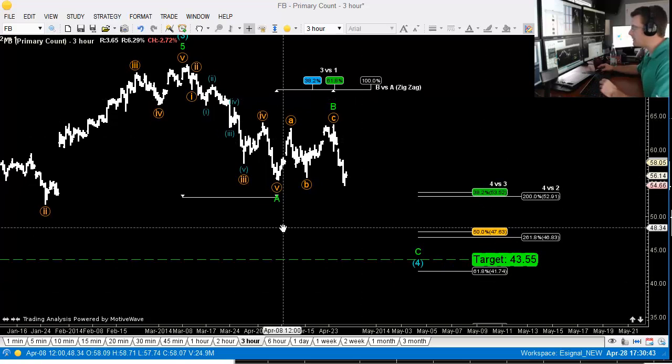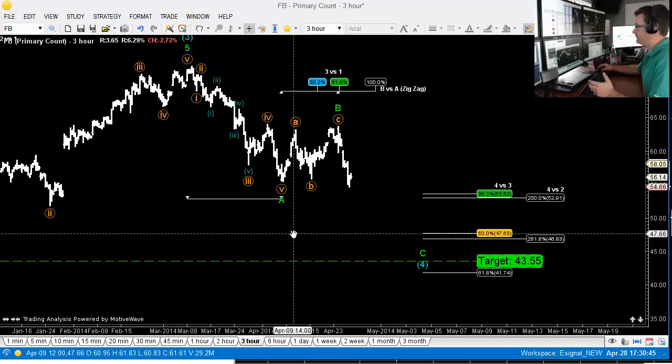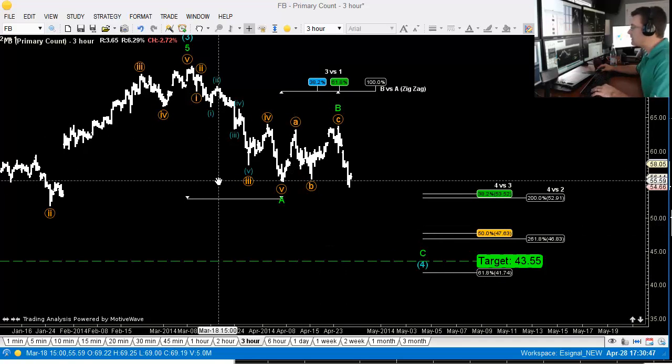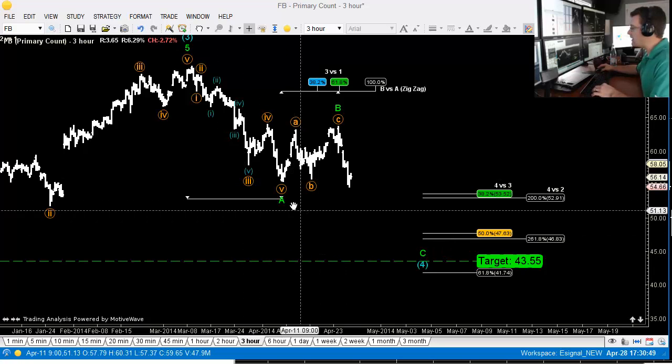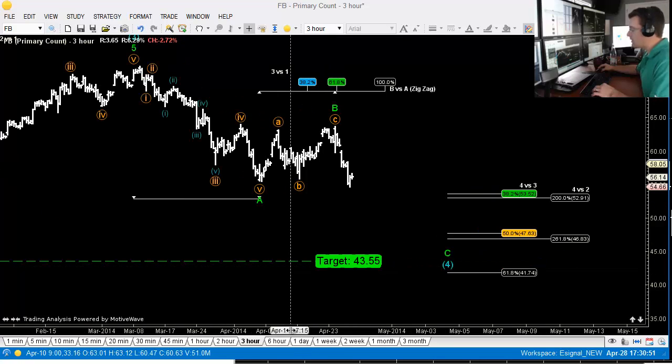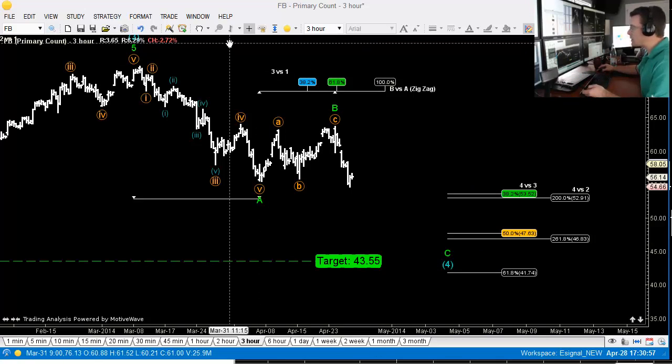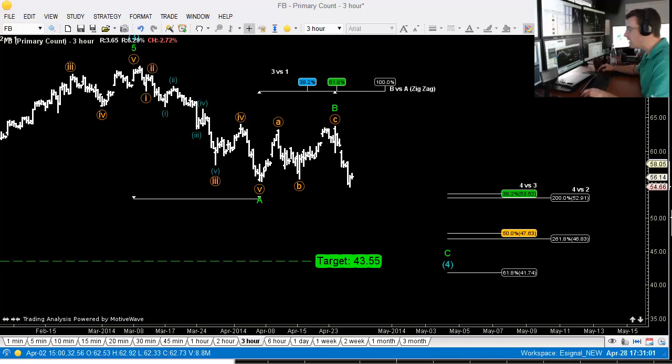Okay, so what am I talking about? Well, Facebook. I think we just completed what they call a flat correction. There's only three kinds of corrections in the Elliott wave world, and really the corrections are the key to finding the next trend.